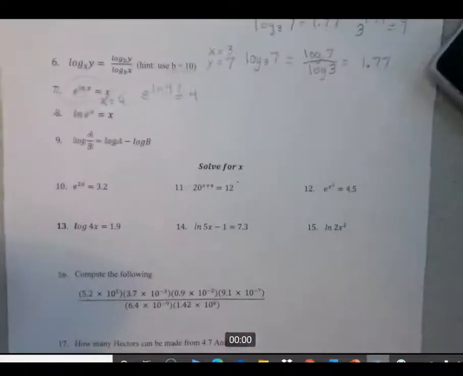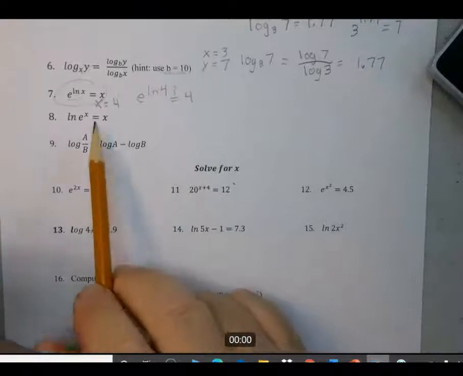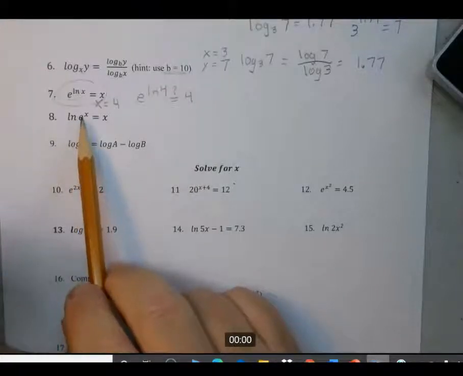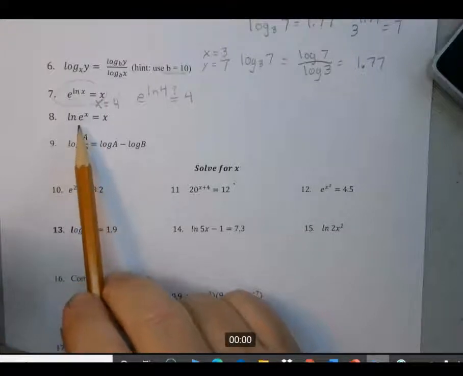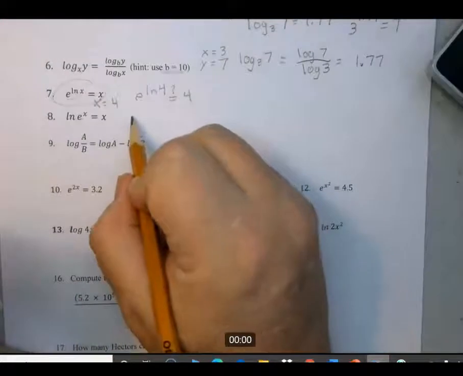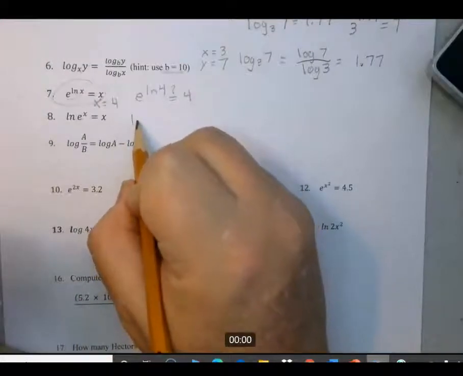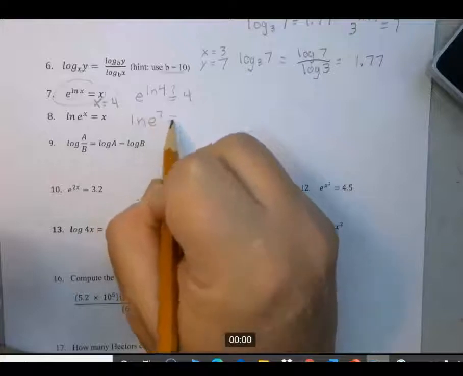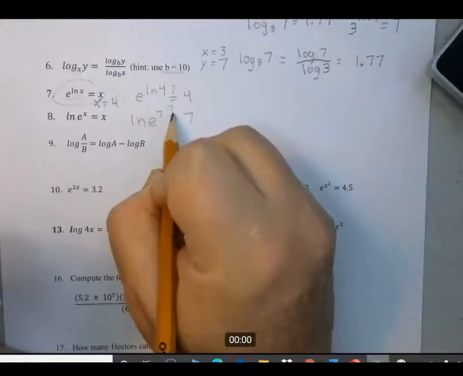All right. Now this is the other direction for the inverse. If you take the natural log of an exponential of Euler's number raised to some power, it'll give you that number. So let's use 7 this time. ln of e to the 7th equals 7. Is that true?